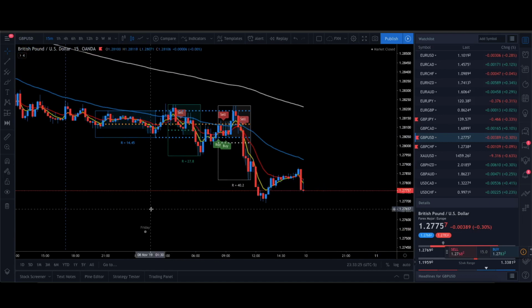I want you guys to understand that this indicator specifically, its only job is to indicate when a 5 and 13 cross has happened. That's the only thing that it looks for. It's not looking for anything else. Literally, it just wants to see where the 5 and 13 cross.